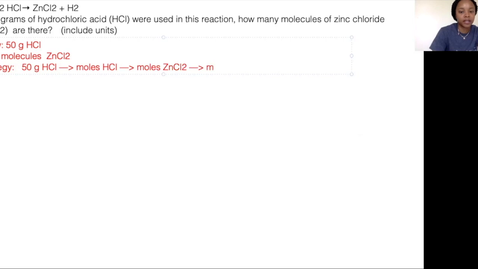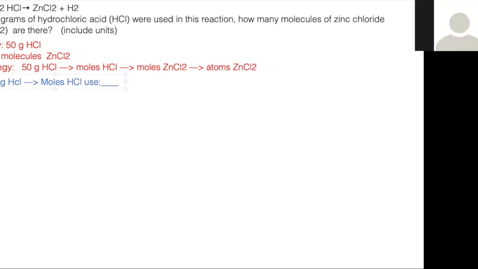So that's your strategy. The first thing you should be doing is going from 50 grams HCl to moles HCl. You're gonna use molar mass.